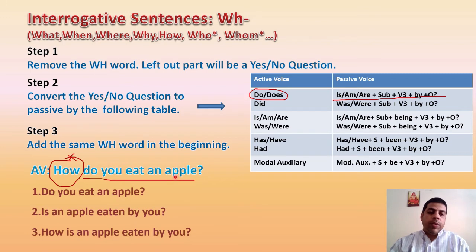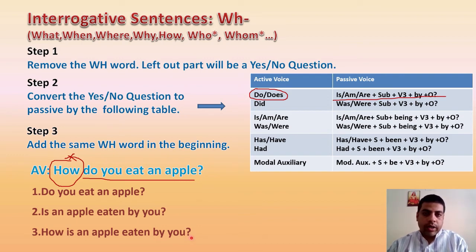Now step 2: is an apple eaten by you? Because an apple is the subject, the auxiliary verb is came there. Now once I have this in passive form, I bring back the same WH word, how. How is an apple eaten by you? That is the final answer.